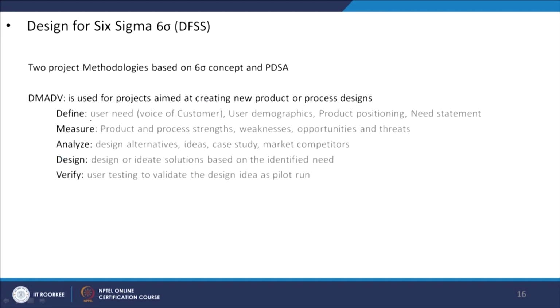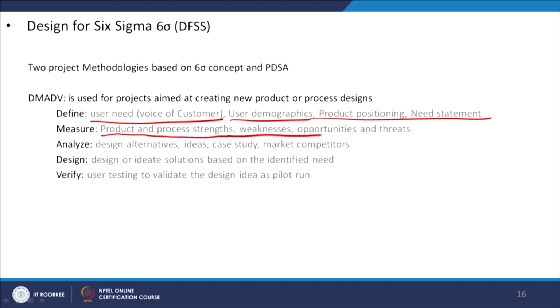So first, defining the user need, voice of customer, again based on demographics, product positioning and need statement, which is the same. And then measuring is the product and process strength, weakness, opportunity, and threat, or the SWOT analysis. You must have studied this process of analysis.